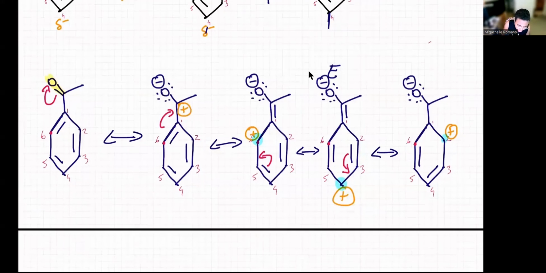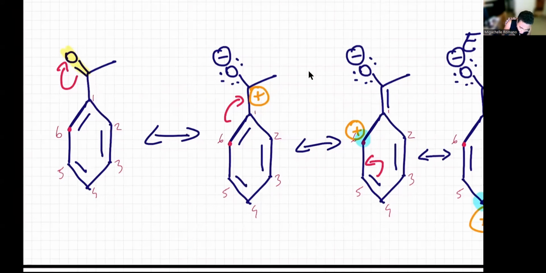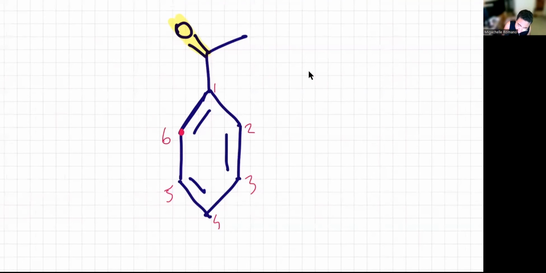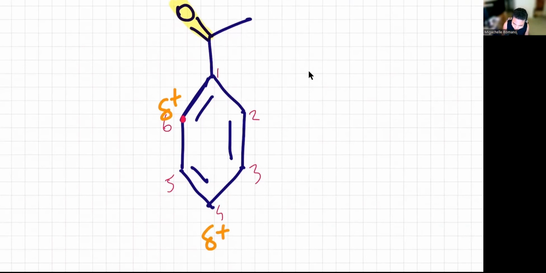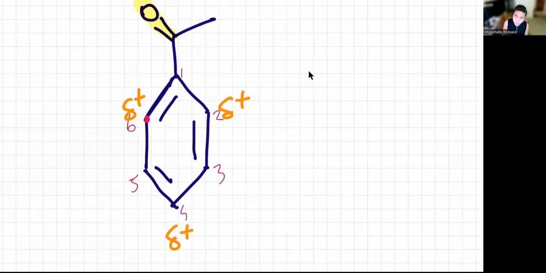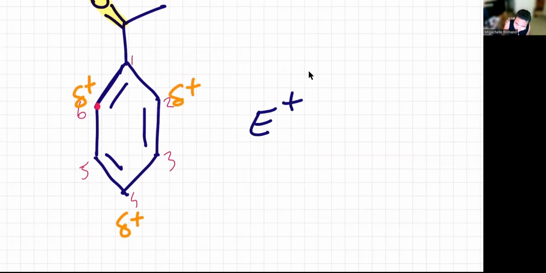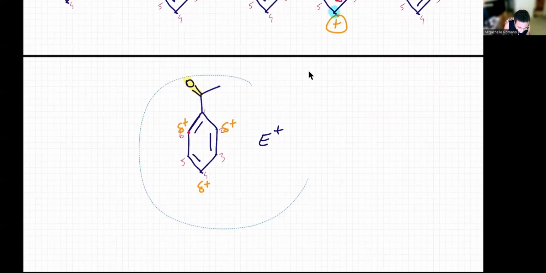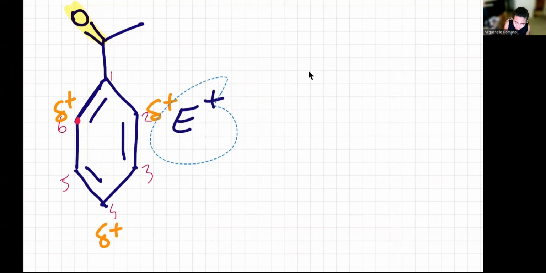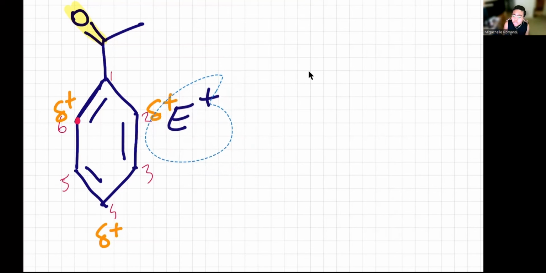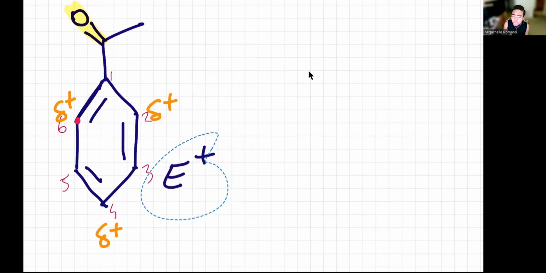That means on carbon 6 we're going to have a partial positive charge, carbon 4 a partial positive charge, and carbon 2 a partial positive charge, which means if we have an electrophile or something with a partial positive charge in the solution, right? We know that it's not going to add to carbon 6, carbon 2, or carbon 4, because positive charges repel each other, so it has no choice. It's going to have to add on either carbon 3 or carbon 5.